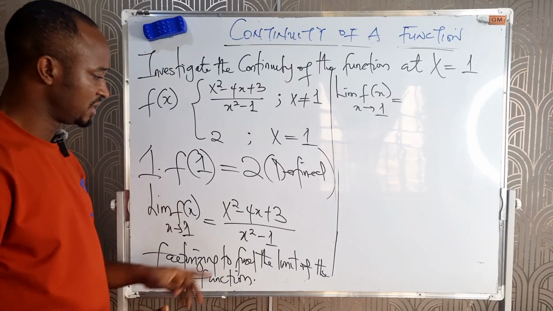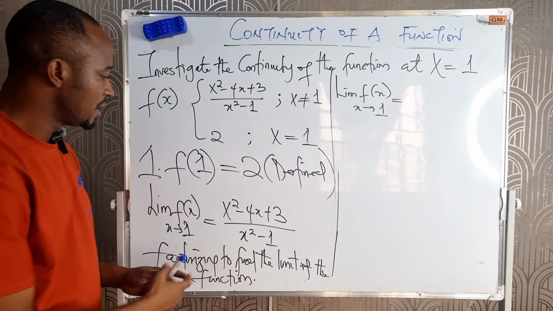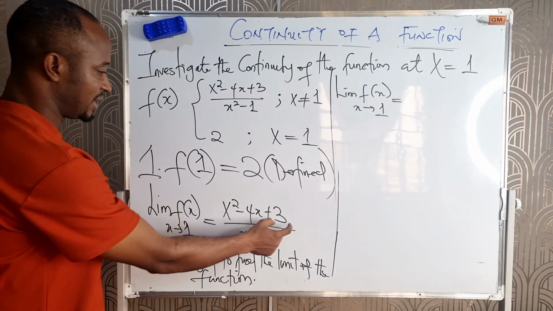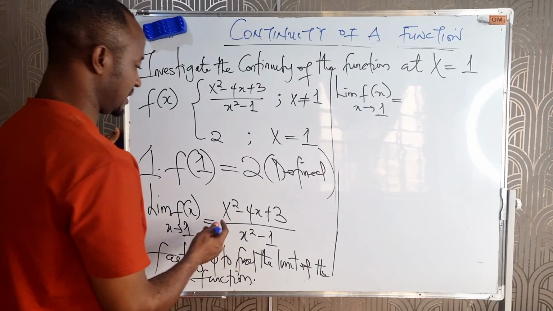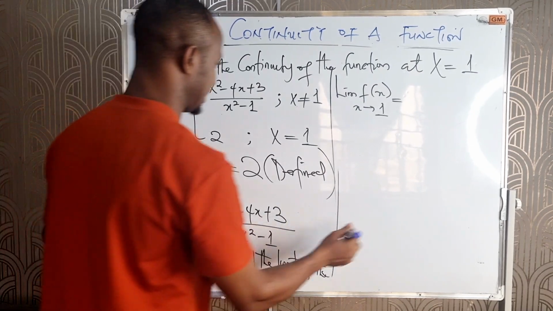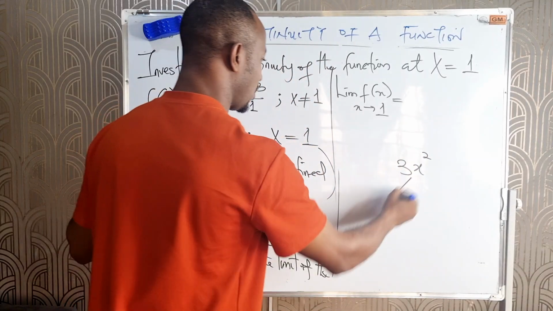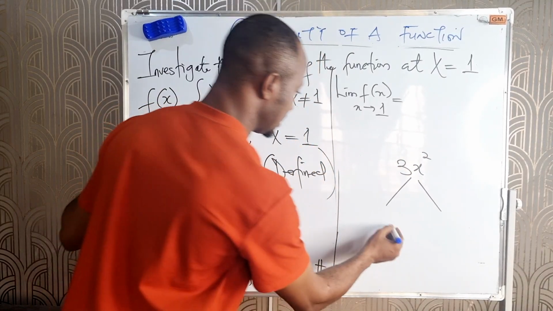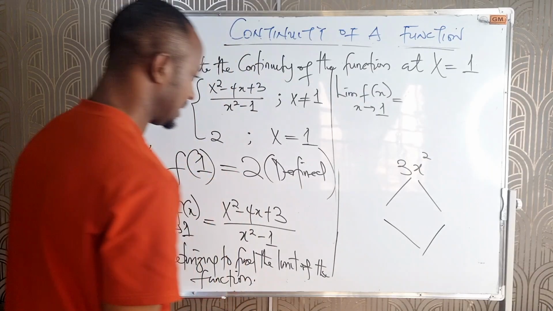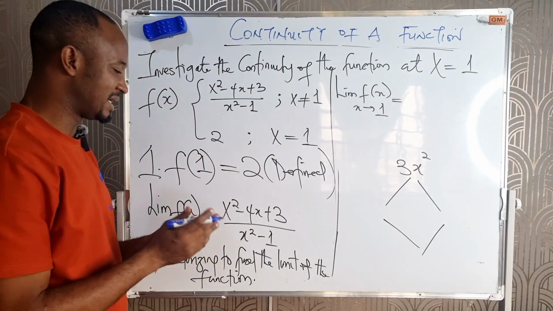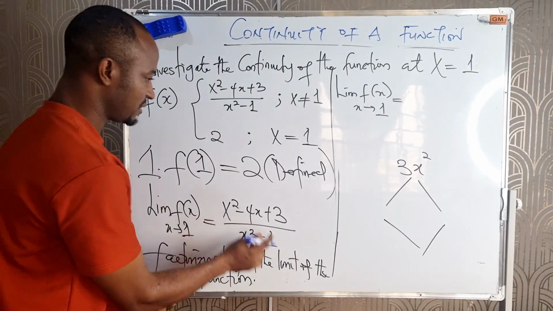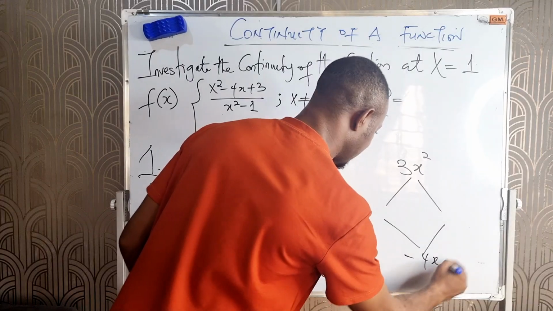Am I communicating? So look at this now. The first term here is x squared. The last term is 3. Multiply the first term by the last term, we have 3x squared, right? Think of two numbers that once you add them together, the result will give us minus 4x.